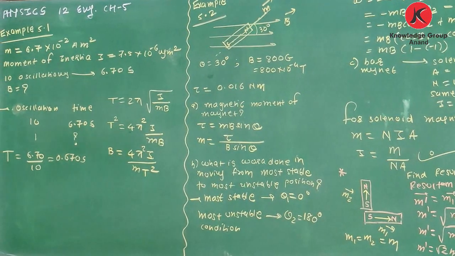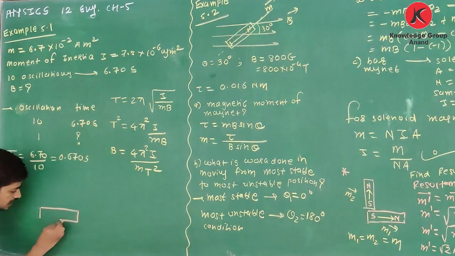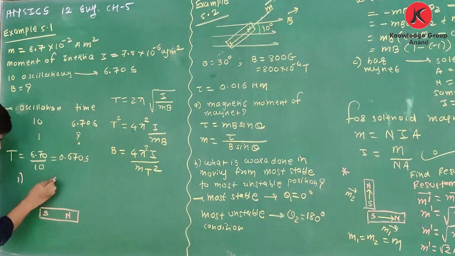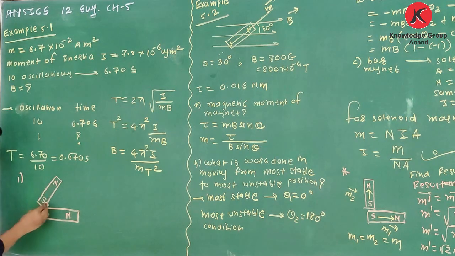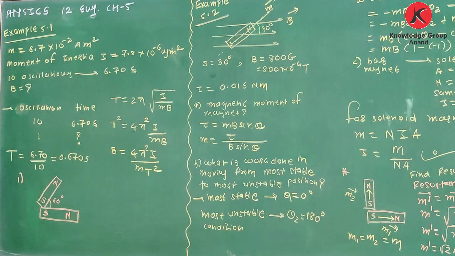See, figure number 1. Two magnets are placed like this: it is N, it is N, here it is S and here it is N, and this angle is 60 degrees. These two magnets are identical. You have to find the resultant magnetic moment.